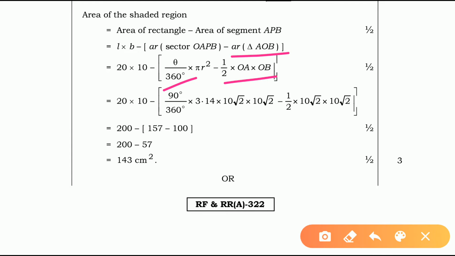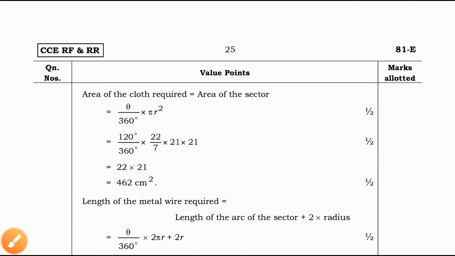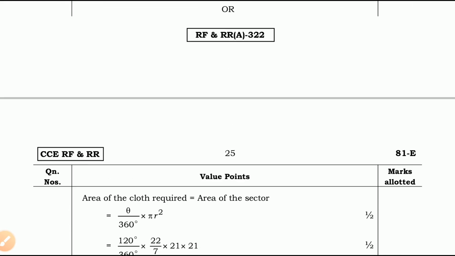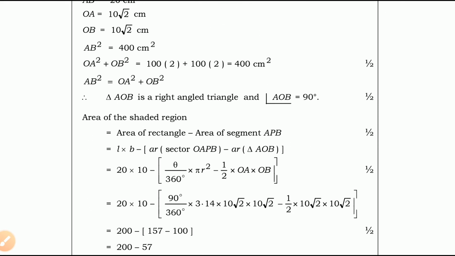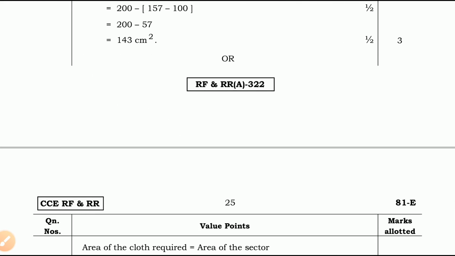After simplification we get 200 minus 57, which is 143 cm square. This is the solution of the first question.